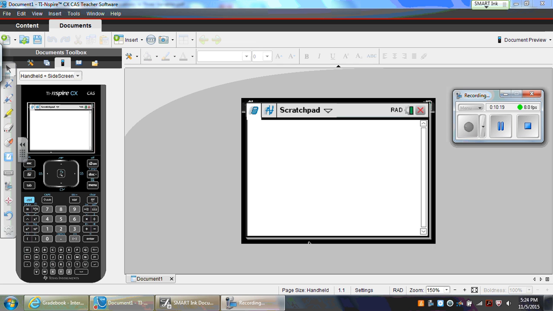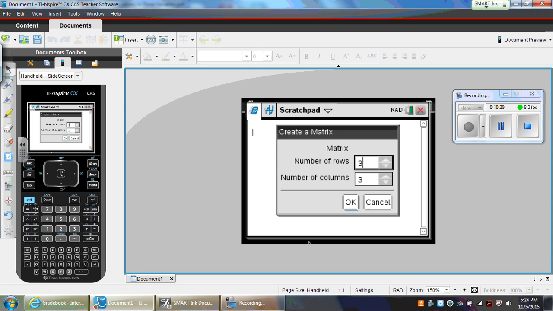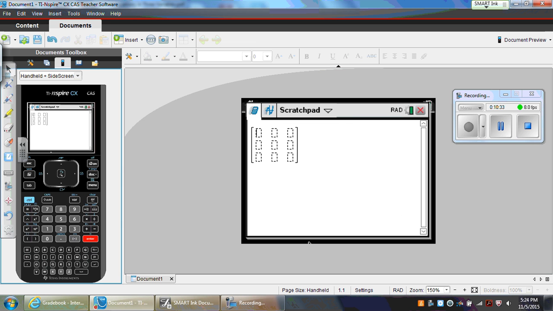So one thing we could do here is enter the coefficient matrix. In this case, we need a 3 by 3. Our coefficients were 6, 1, 2, 1, 1, and 1. And then 0, 1, and negative 1.